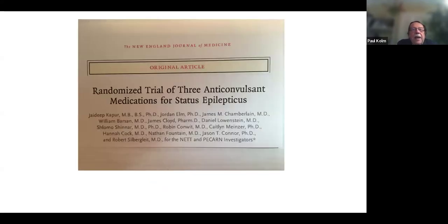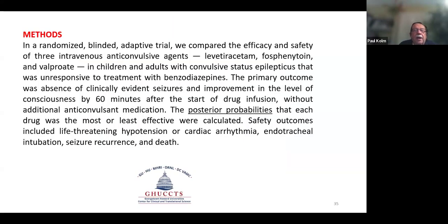So a next example was from a published trial that looked at 3 medications for epilepsy. I know this is sort of hard to see here, but I have pretty much the methods and the statistics for the study that was done comparing these 3 anticonvulsive agents for epilepsy. It's a randomized trial.